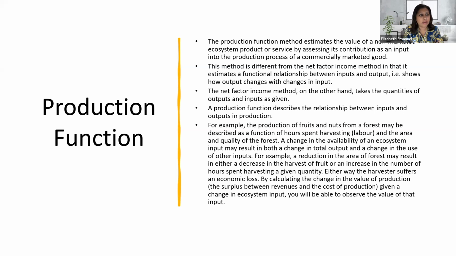the ecosystem service provided by your watershed management units and the contribution to production of water? Would that work as well? What would be the input in the production process?